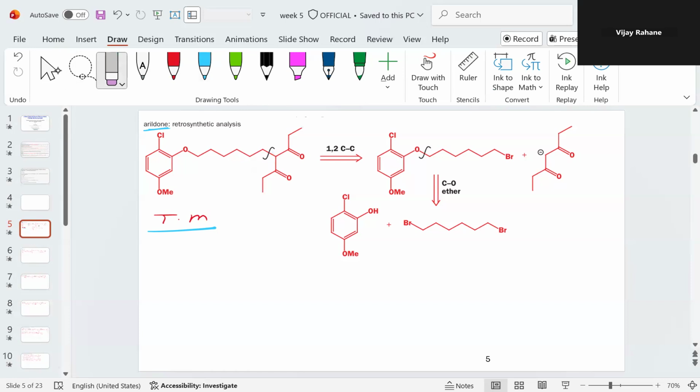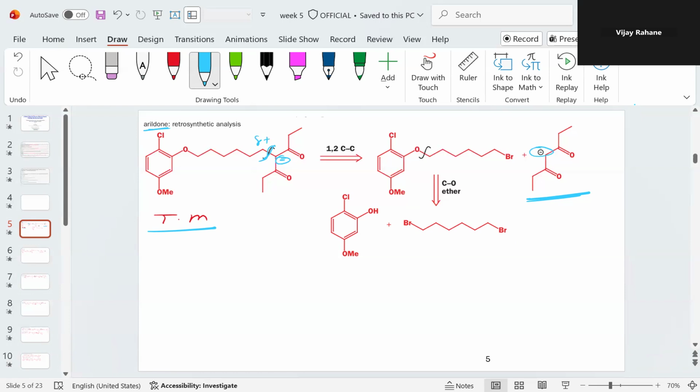This disconnection gives us this molecule, which is a negatively charged anion. Here this will be delta positive and this delta negative, because this position is the alpha position to this carbonyl, and we get the negative charge here.